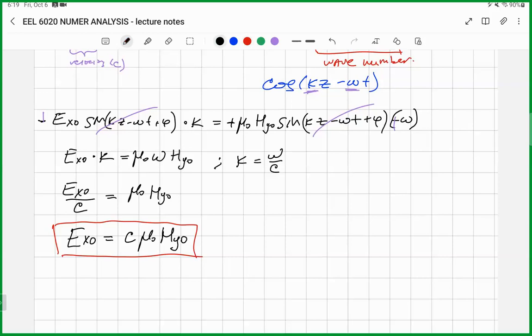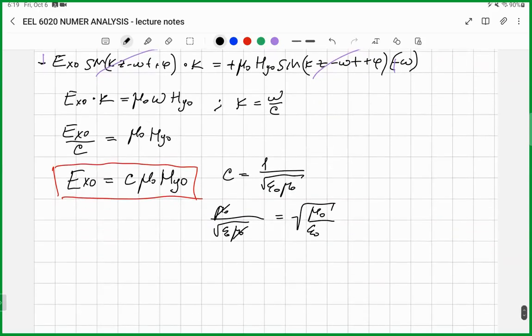We can also substitute c by 1 over square root of epsilon 0 mu 0, right? And this gives us mu 0 over square root of epsilon 0 mu 0, which reduces to the square root of mu 0 over epsilon 0, something like this.